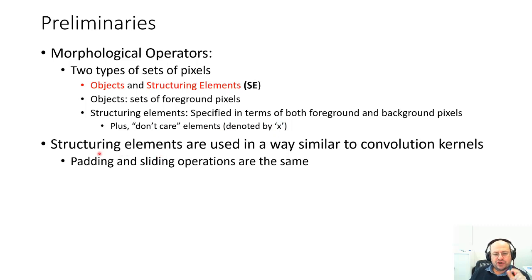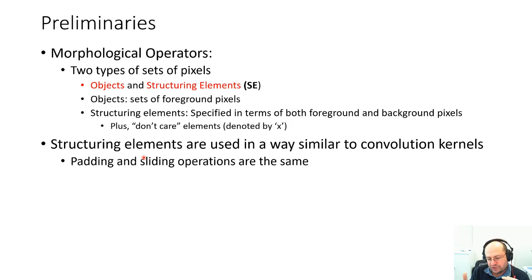We use these structuring elements in a kind of similar way to convolutional kernels, but they are not convolutional operations. We are going to sweep the matrix representing the image with these structuring elements, and we're going to apply some sort of transformation defined by these structuring elements. The analogy stops there.